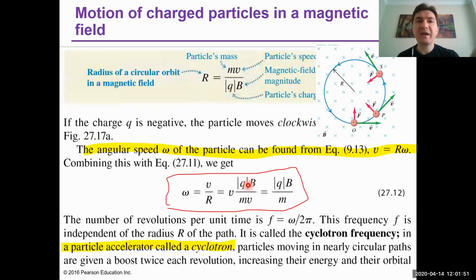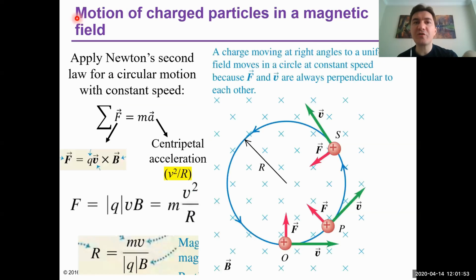Okay, here we have discussed the motion of charged particles in a magnetic field. We have a charged particle, we have a magnetic field, and then the charged particle enters into the magnetic field with some certain velocity, and then we have a force like this, and we have a circular motion.